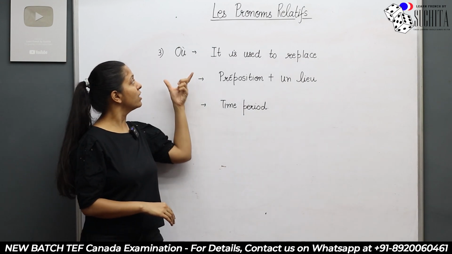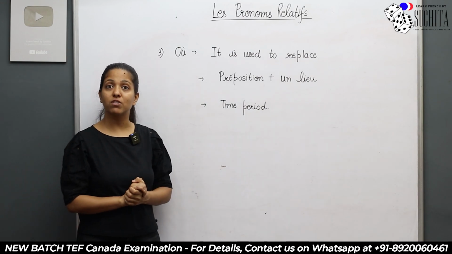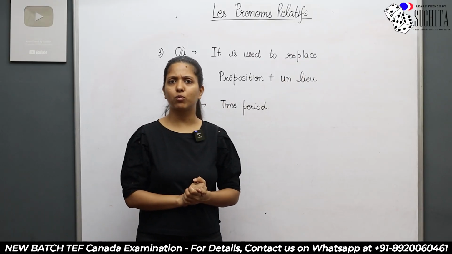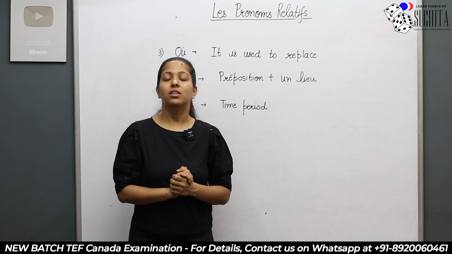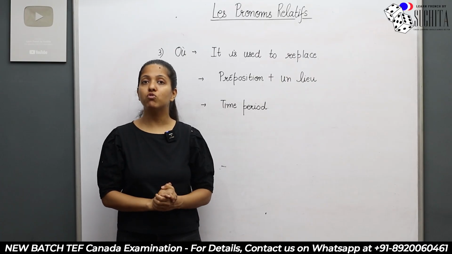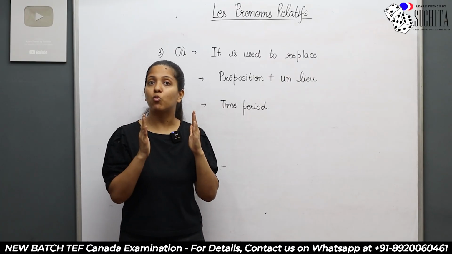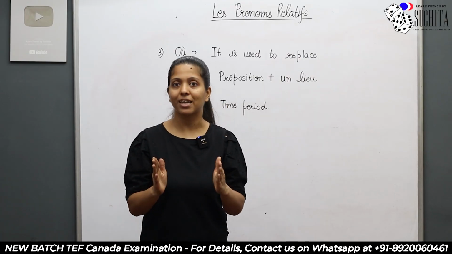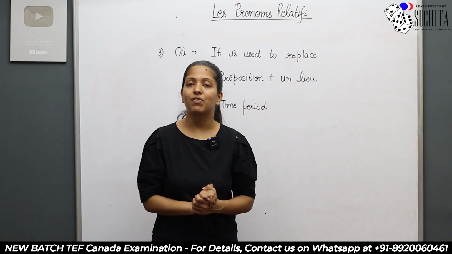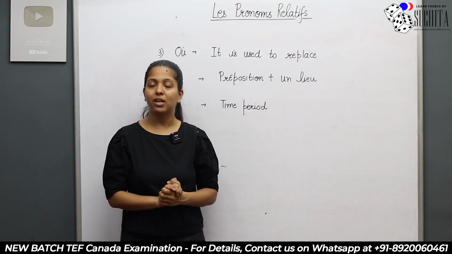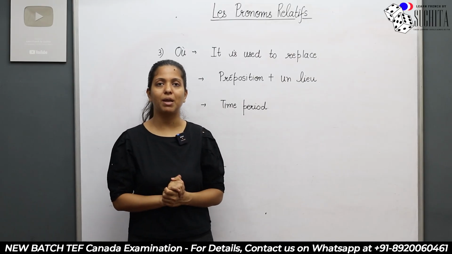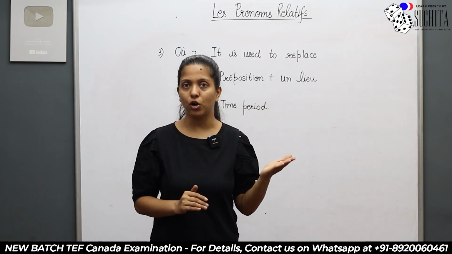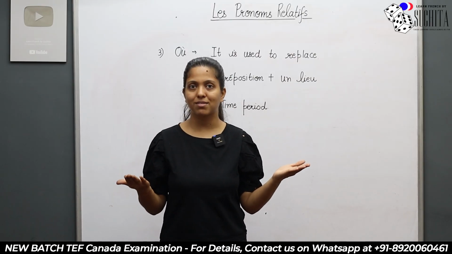Now here I'm going to start with the third relative pronoun, which is ou. What exactly is a relative pronoun? I told you that in the first part basically. The relative pronoun is something which is used to join two sentences and avoid the repetition of something in the second sentence. For example, the same example I gave in the first and second parts, I'm giving you here: I saw a girl, she was wearing a red dress, right?